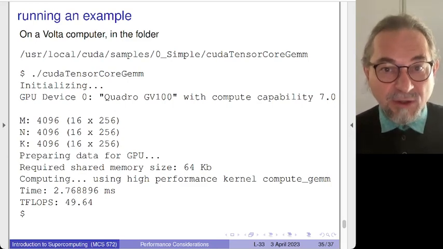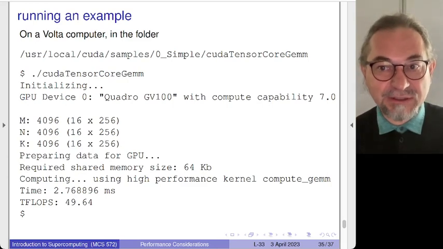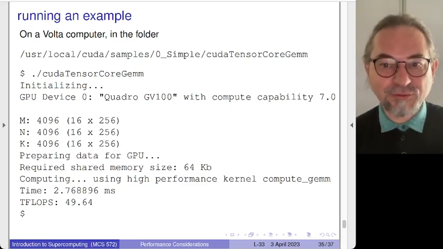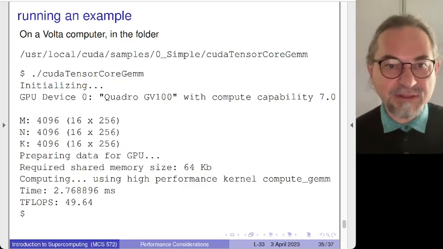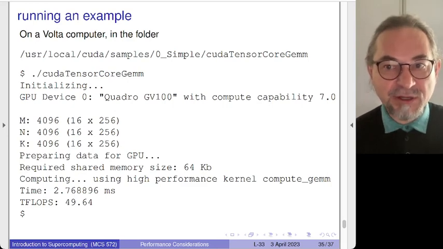Here is, on the simple side of things, a sample that contains a lot of interesting examples. Again, the Pascal GPU that we all have access to, enrolled in this course, has a very extensive samples kit. Here you see it running, and it clocks at 49 teraflops performance. This is mixed precision. The advertised peak is 125 teraflops, but this goes close to 50 teraflops.